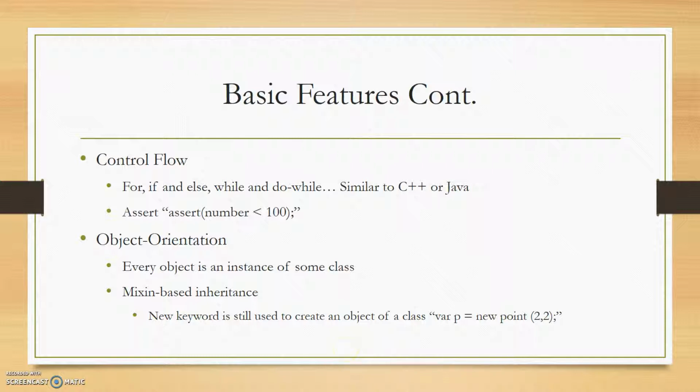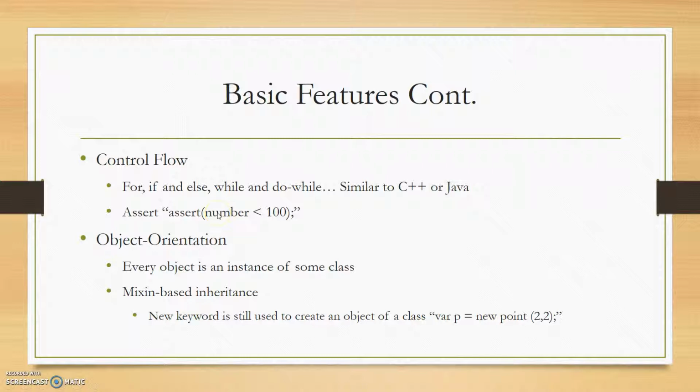Moving on to control flow. The control flow is just like the data types, most of them really similar to what you'd see in a C++ or a Java program, with the exception of assert. Assert's pretty neat. It allows you to do some error checking, basically on the spot, pretty simply too. You have your example right here.